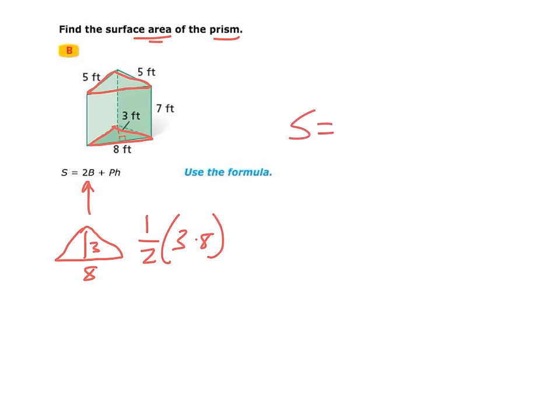Total surface area of this prism is 2 times 1/2 times 3 times 8. I'm going to solve this because I'm running out of space. So 3 times 8 is 24. 1/2 of that is 12, and 2 times that is 24. So we're back up to 24.